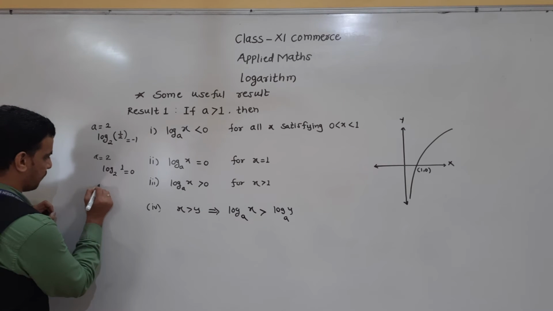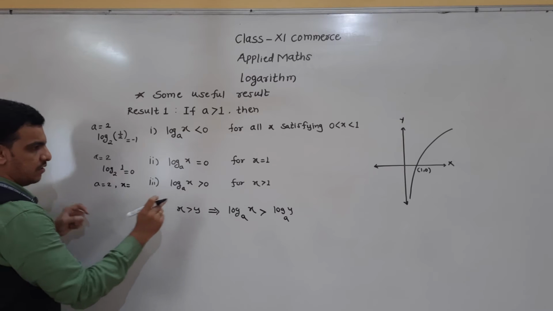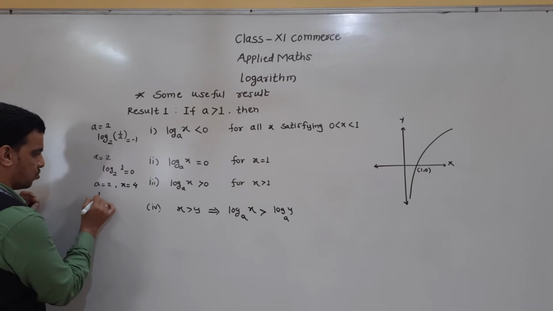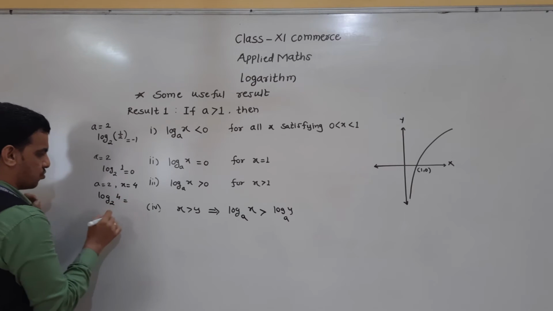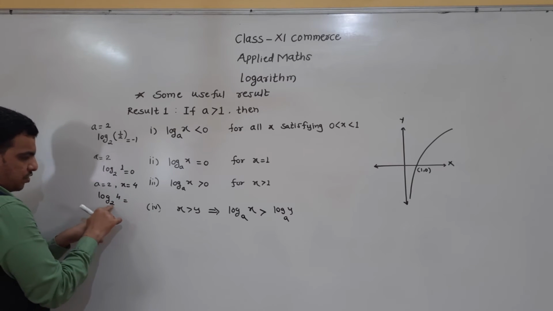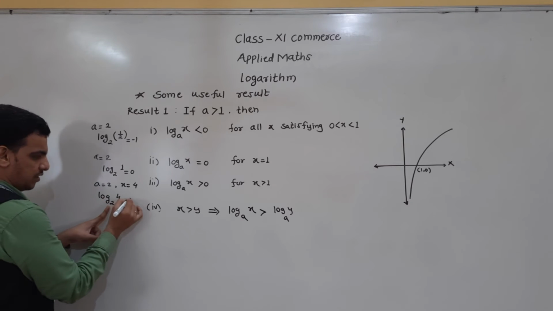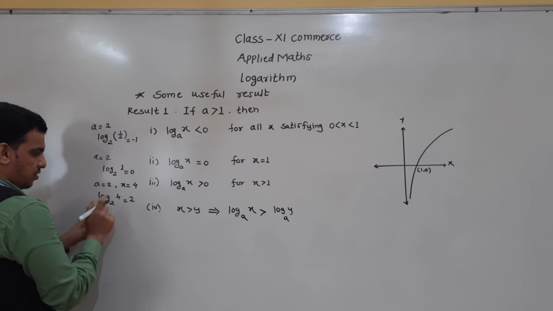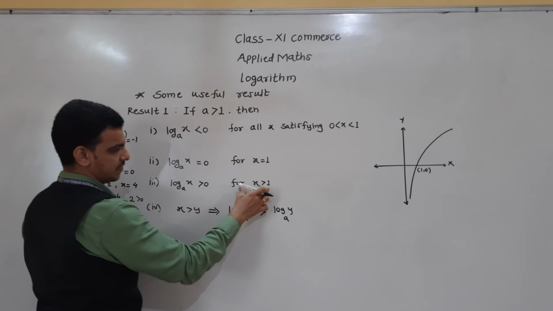So if I am taking a as 2 and x greater than 1, suppose I am taking x as 4, so log of 4 to the base 2. By which number do we raise the power of 2 to get 4? The answer is 2, because 2 square is 4, so this is greater than 0 for x greater than 1.